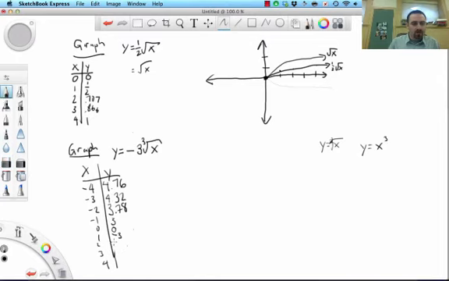If I put in a -2, I get 3.78. If I put in a +2, I get -3.78. Put in a -3, I get 4.32. Put in a +3, I get -4.32. And so on.